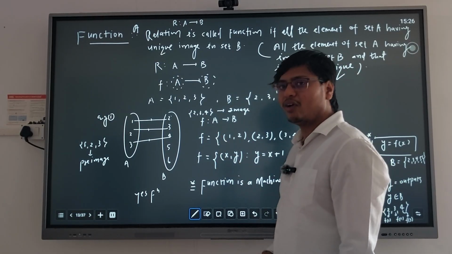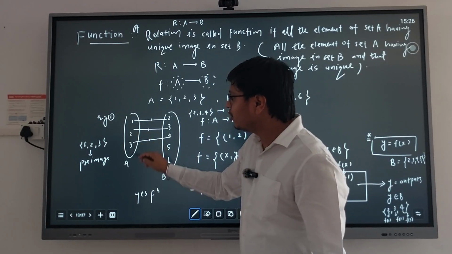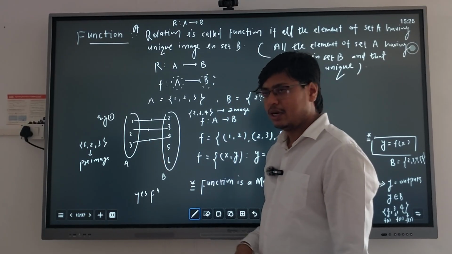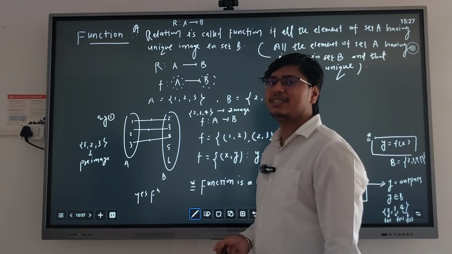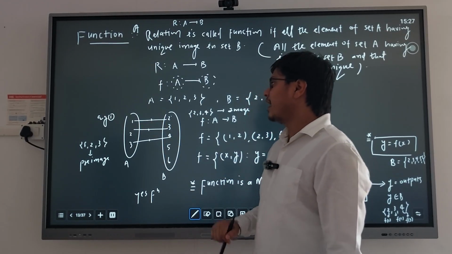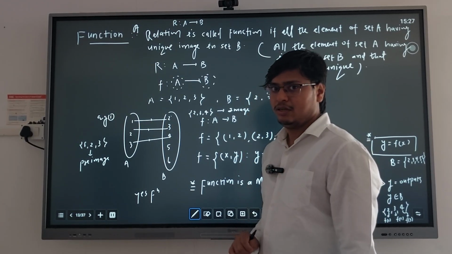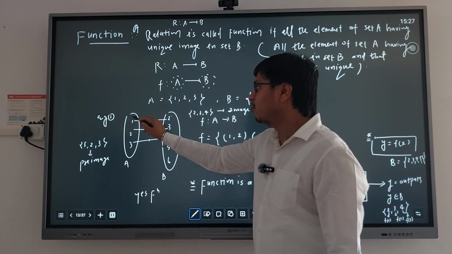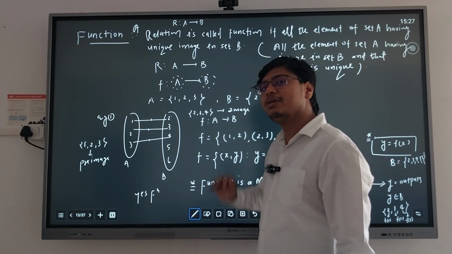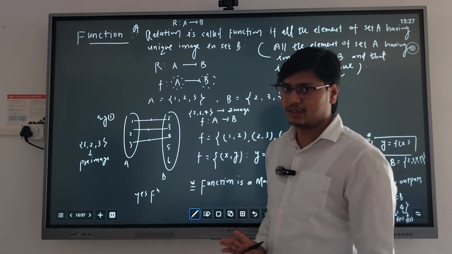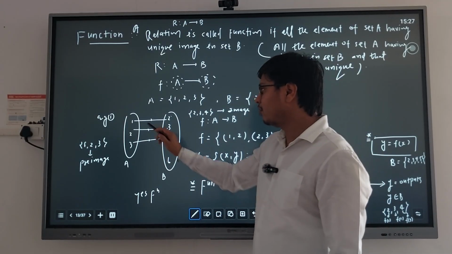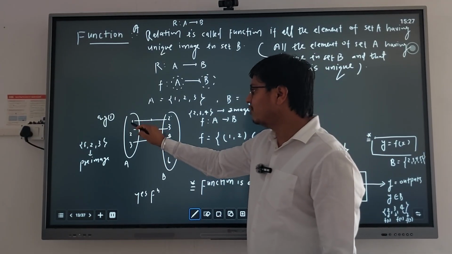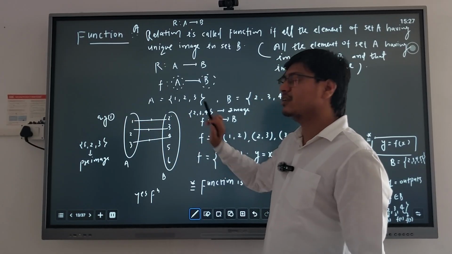So this is a function. Why? Because all the elements of set A have an image and that image is unique. Unique image means one element has only one image. If one element has more than one image, then that will not become a function. That will be a relation, but not a function, because the condition is that one element has only one image.